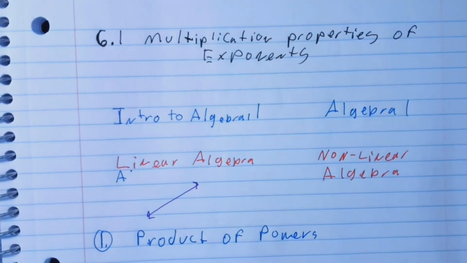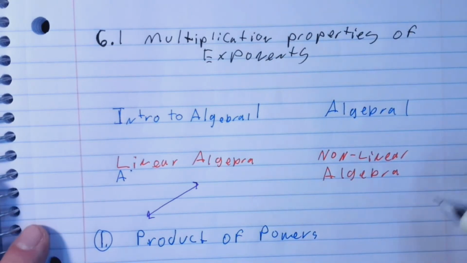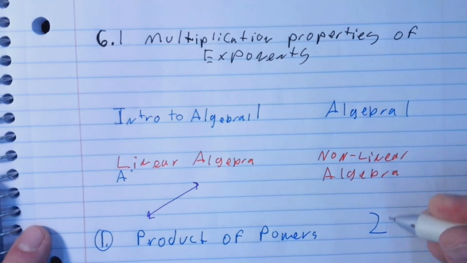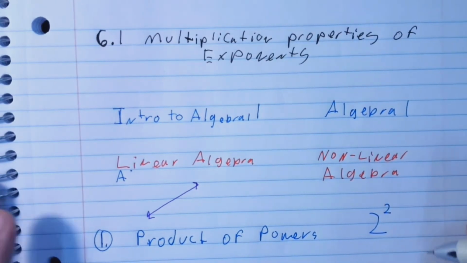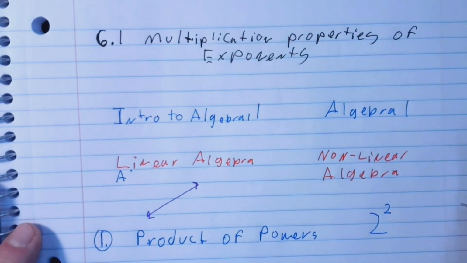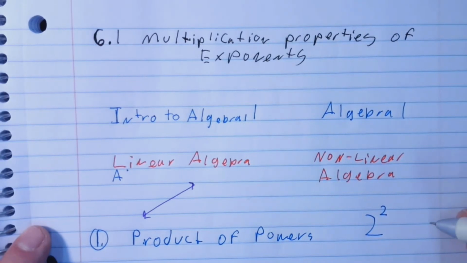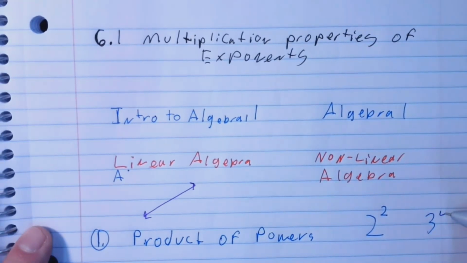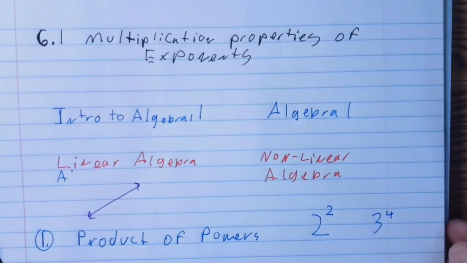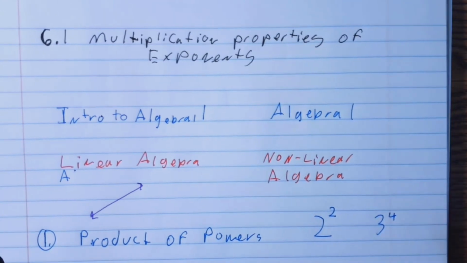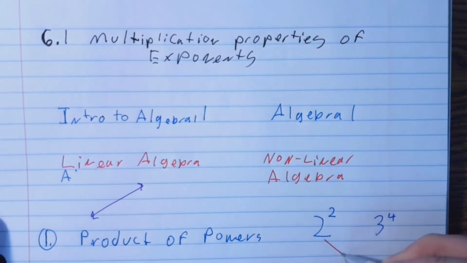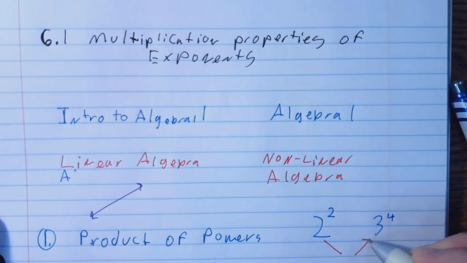And I guess we should probably go over basically what we are wanting to know how to do. So on your little test here, we had basically stuff like this, right? Or we had stuff like this. I need you to know that this and this, those big numbers, are basically called the base.